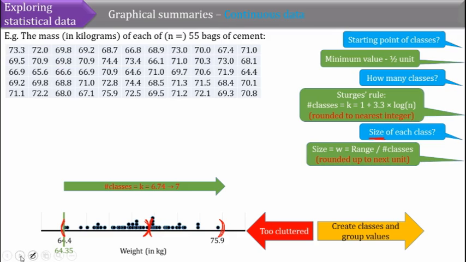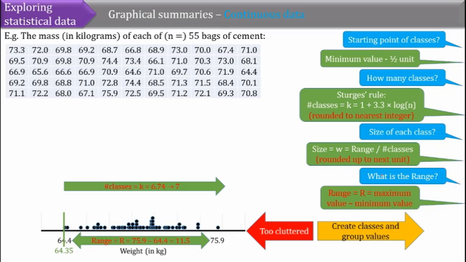Right, so the way in which we determine the class size is by taking the range and dividing it by the number of classes. Now, what is the range? The range is simply the difference between the largest value and the smallest value in the data set.